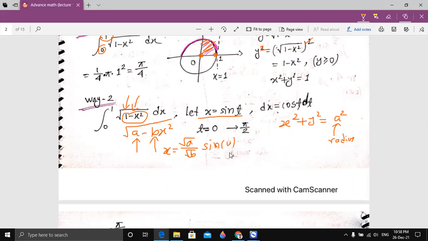Let me show you the formula in another place. That is here.